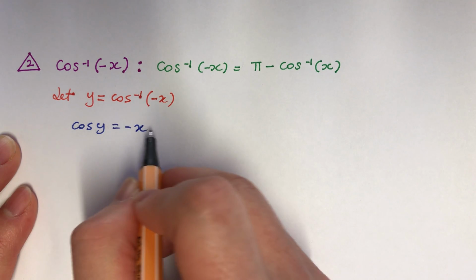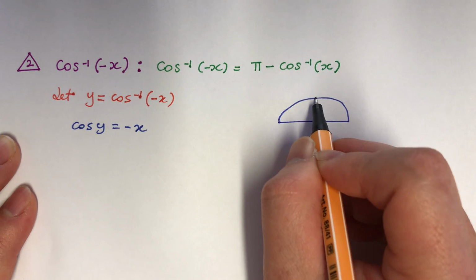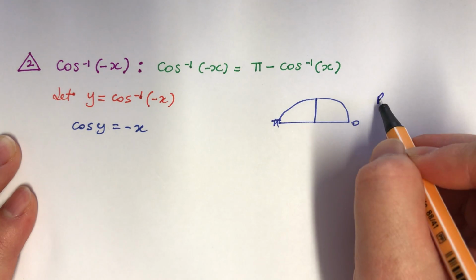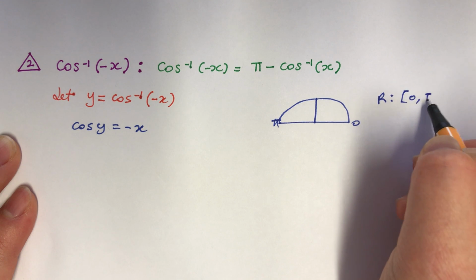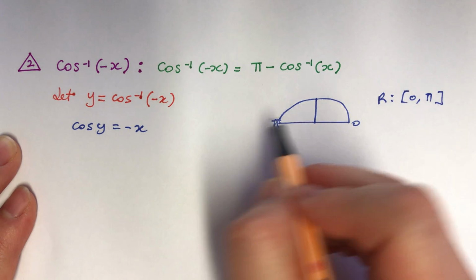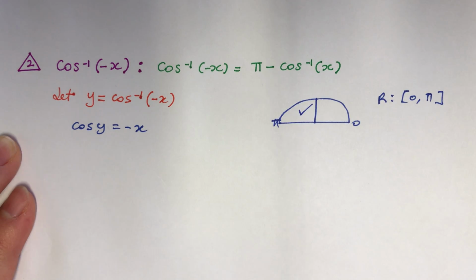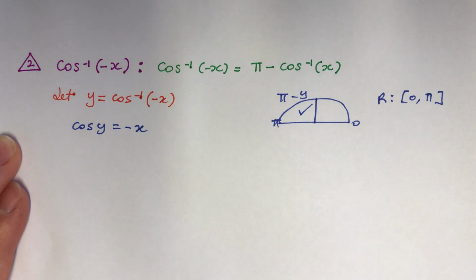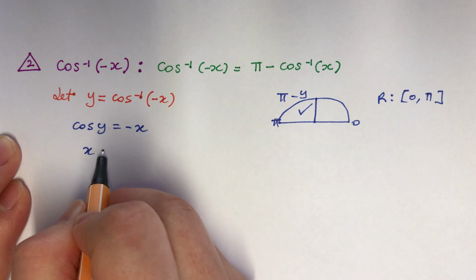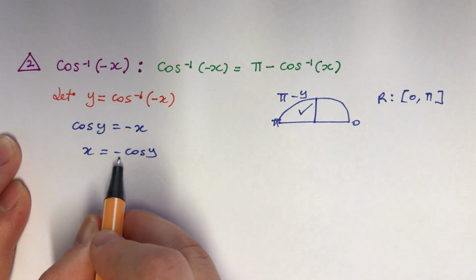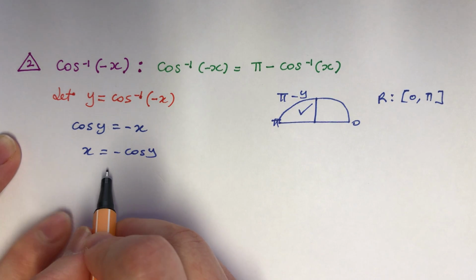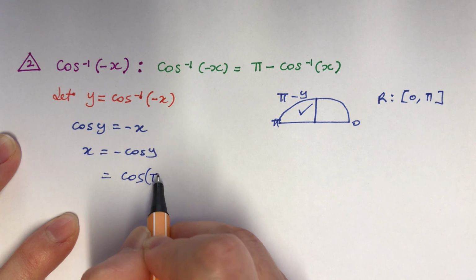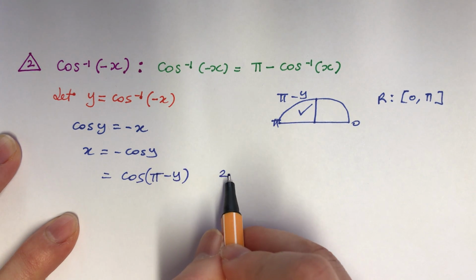Okay, so that means, what is it? Cos was first and second quadrant, wasn't it? Because the range was 0 to pi. Okay, but cos is negative, that means second quadrant. Okay, second quadrant is what? Pi minus y. So I can write x equals minus cos y. That minus indicates it's in the second quadrant. Yeah, I can rewrite this as cos of pi minus y, because it's in the second quadrant.